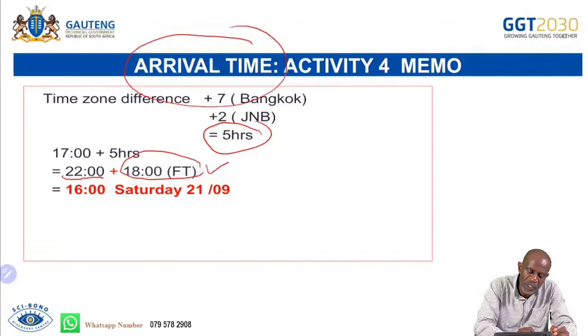So it will be 22 plus 18, and as you use the watch, counting 18 hours of flying time from 22, you will arrive at 16 hours, and this should be the following day because you have moved past 24 hours into another day.